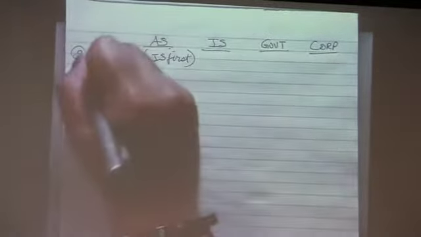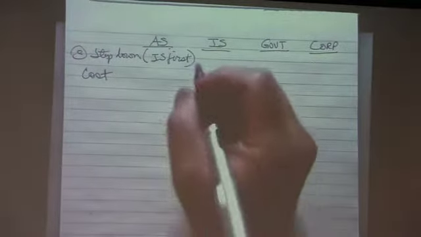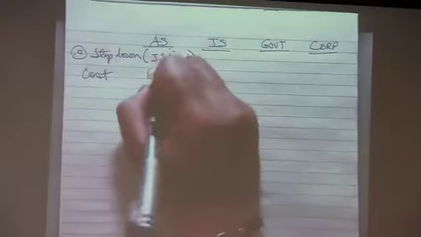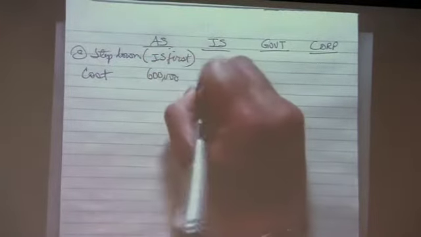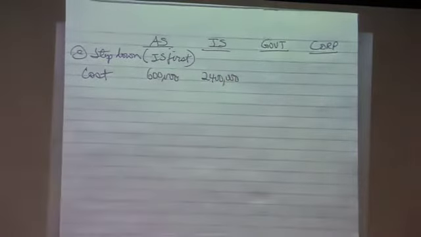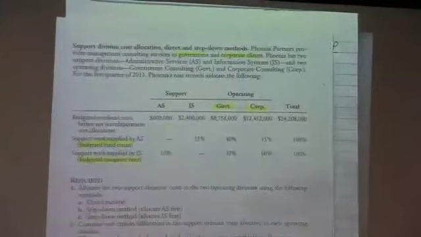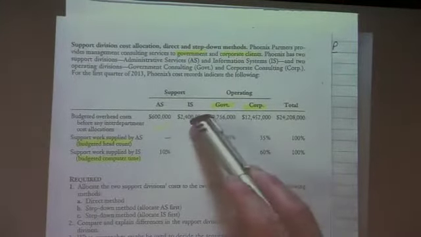So let's itemize all the total cost. Okay, so IS first means we're going to allocate this one first.